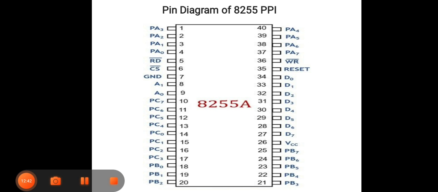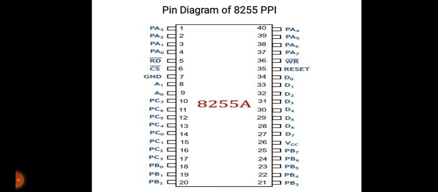The next one is the pin diagram of the 8255 PPI. The figure shows the programmable peripheral interface pin diagram having a 40 pin configuration. As we discussed, pin numbers 27 to 34 are allotted to the data bus, and these are tri-state data bus lines of bidirectional nature, meaning they act as input as well as output, connected to the processor.